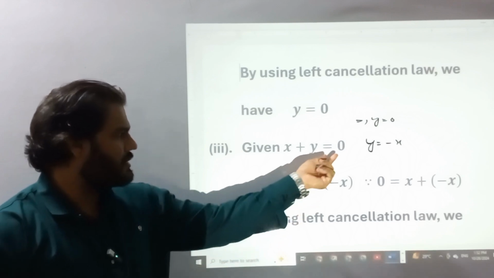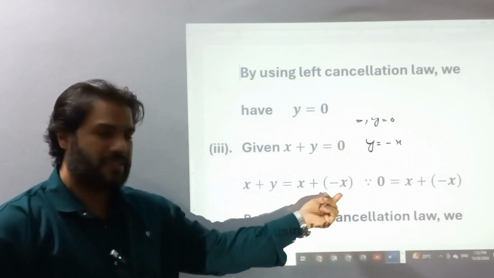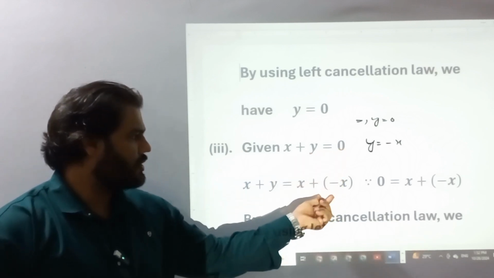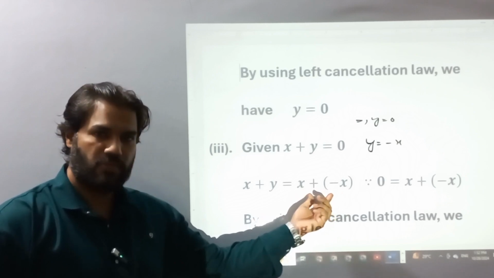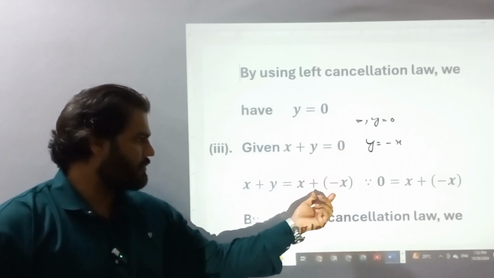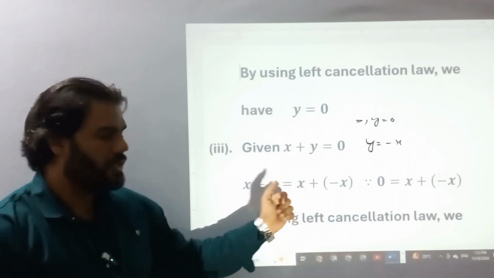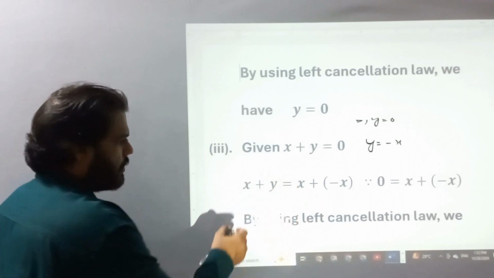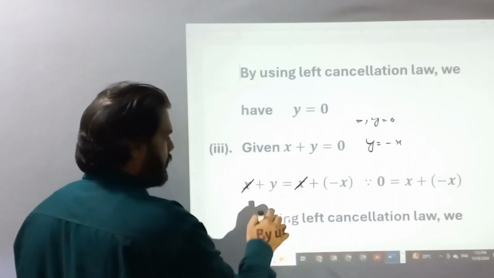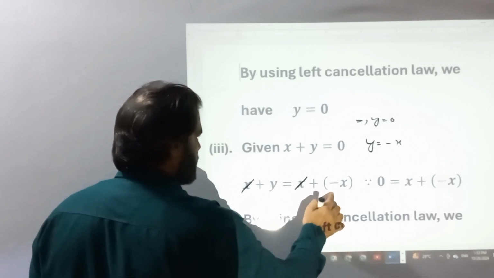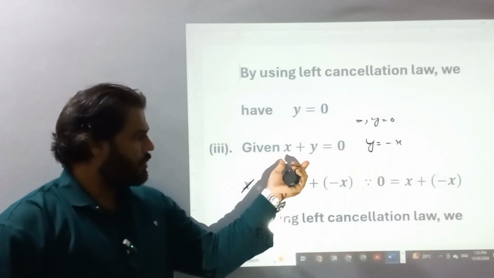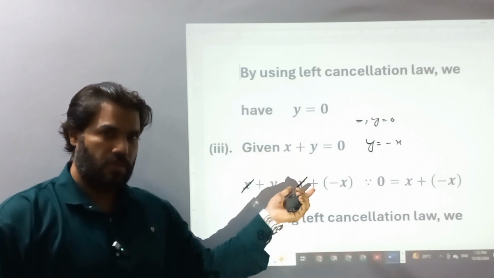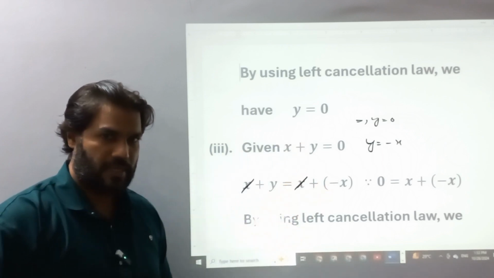So we can write 0 as x plus minus x. That is, 0 is the sum of these two numbers, which are additive inverses of each other, so 0 can be replaced with these numbers. By using the left cancellation law, x will be cancelled. So we have simply y is equal to minus x, as required. This is a very important property. We will use this property in our next axioms.